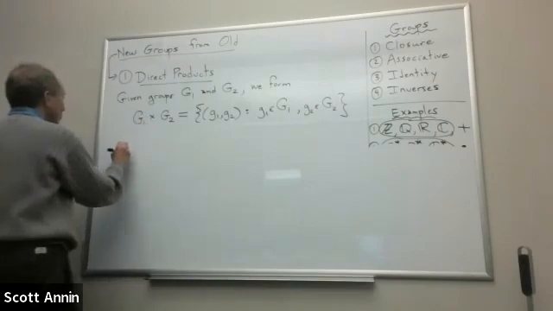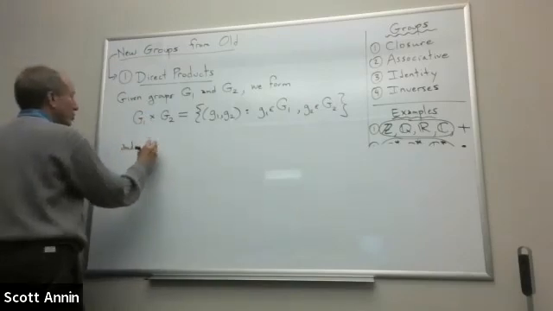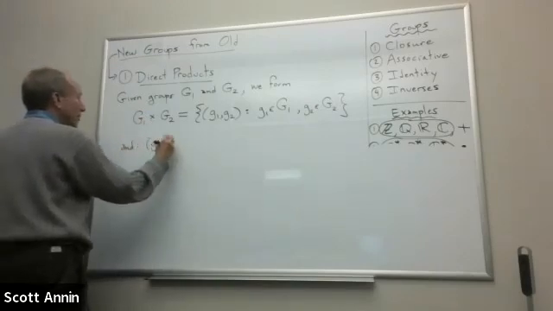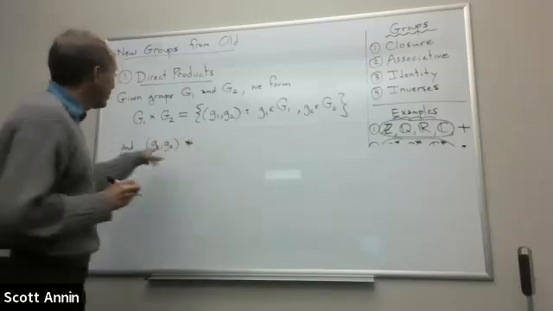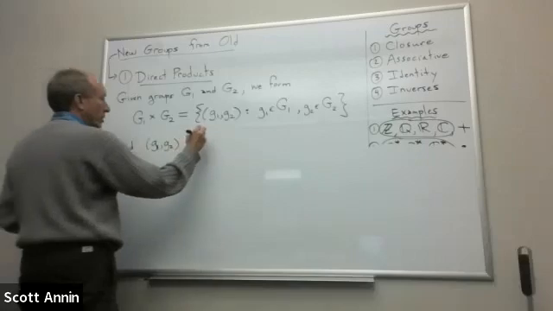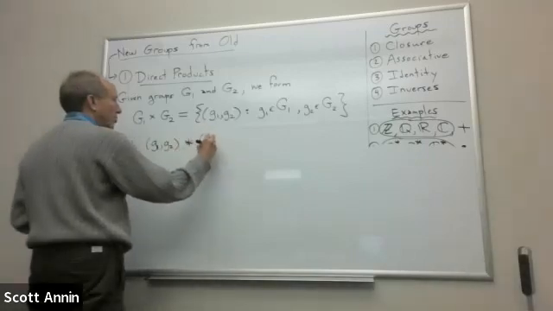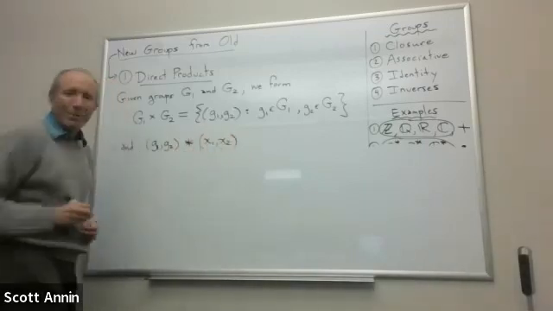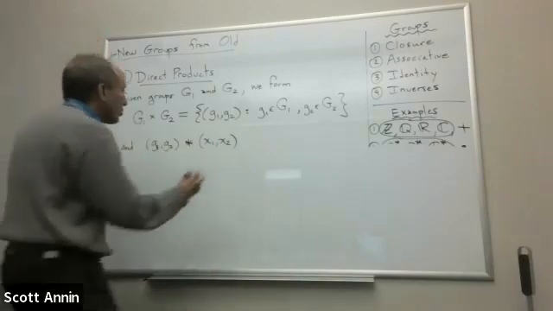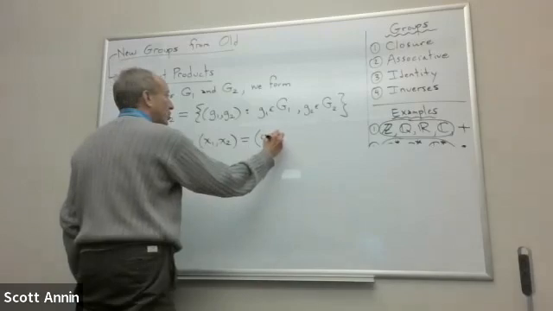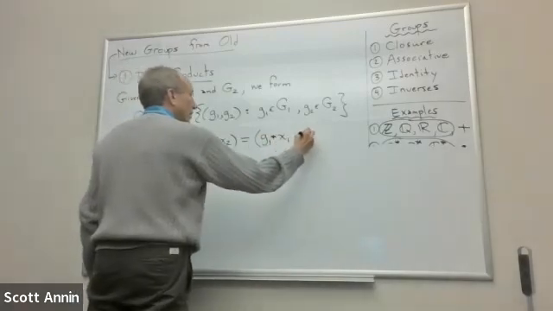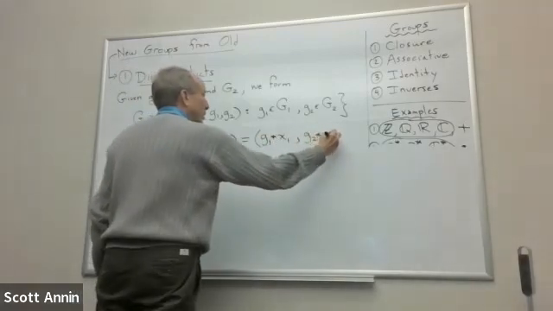And of course, if we wanted to take an element and multiply it with another element, so let's say we take G1, G2, and we want to multiply it with, I don't know, X1, X2. The way we're going to do that is we're just going to work within each slot and calculate the result within each slot.